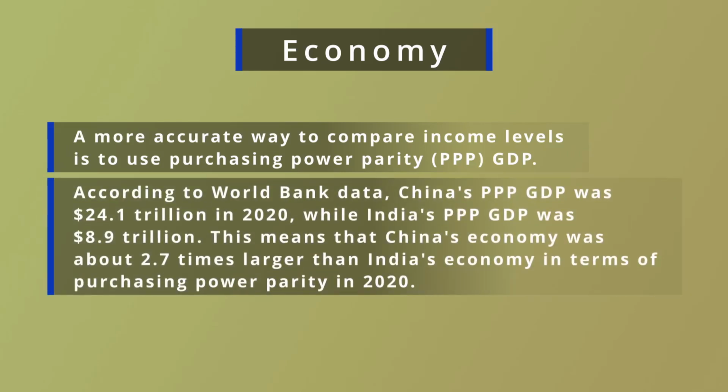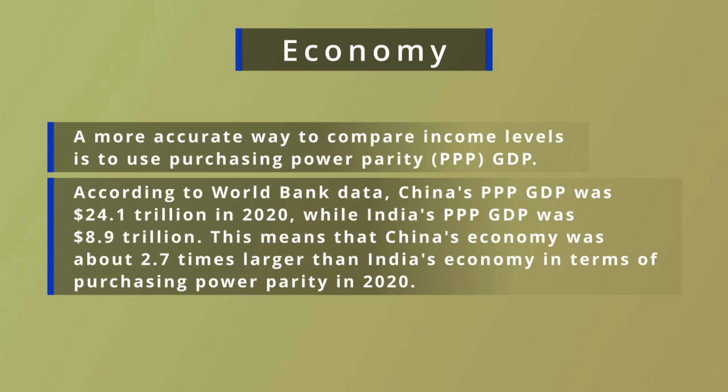According to World Bank data, Chinese purchasing power parity GDP was $24.1 trillion in 2020, while India's purchasing power parity GDP was $8.9 trillion. This means that the Chinese economy was about 2.7 times larger or richer compared to the Indian economy in respect of purchasing power parity GDP.